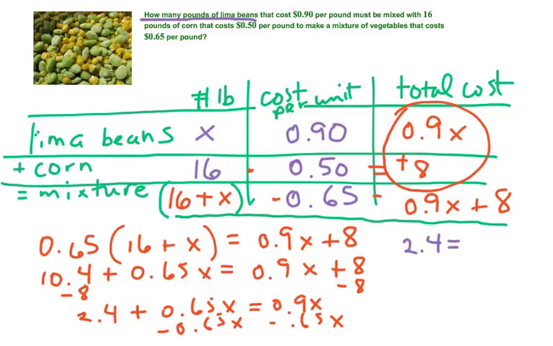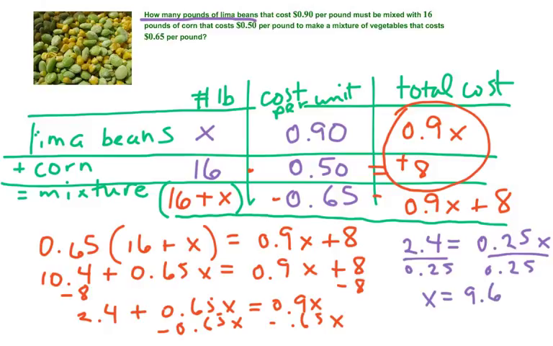All right, so I have 2.4 equals 0.9 minus 0.65. Be careful here, 0.25x. So we're going to divide by 0.25. Again, be careful with your mental math here if you're doing this in your head. People tend to make a lot of mistakes working with decimals. So I end up with x equals 9.6.